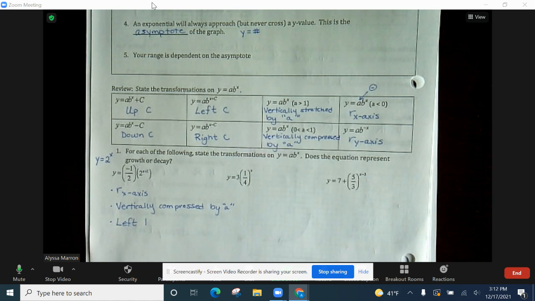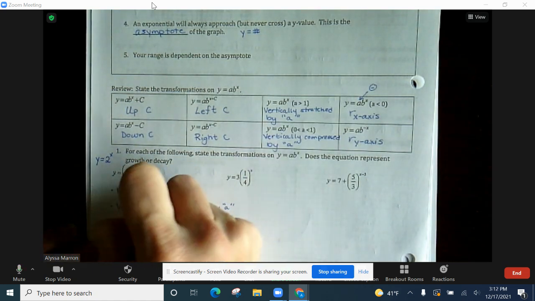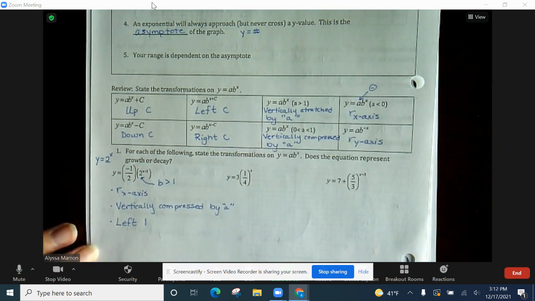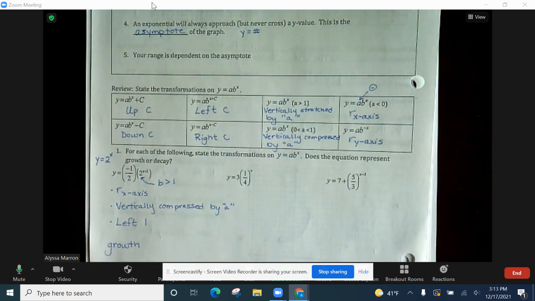And then last, this being growth or decay. Well, if we look at our b value, which is our base, we would say here our b value is greater than 1. So we are going to say that this is a growth function. As you can see in our next example, we have a base less than 1, more specifically between 0 and 1, so that's going to be your decay.